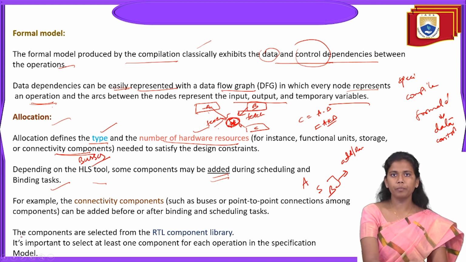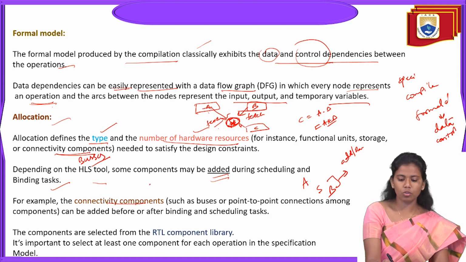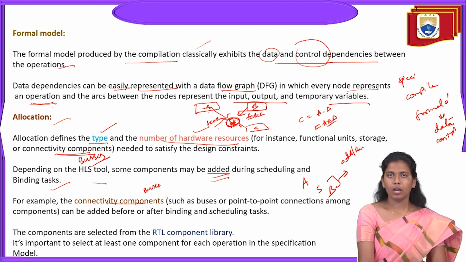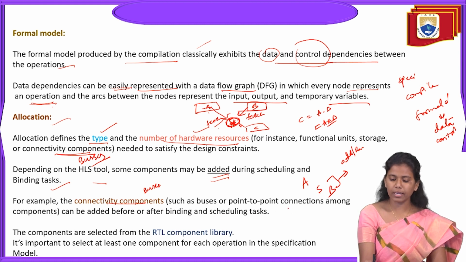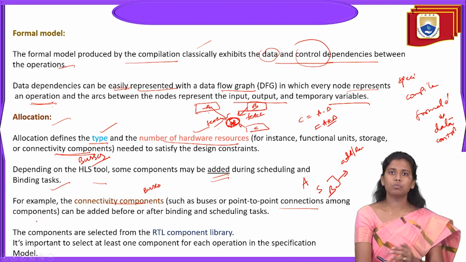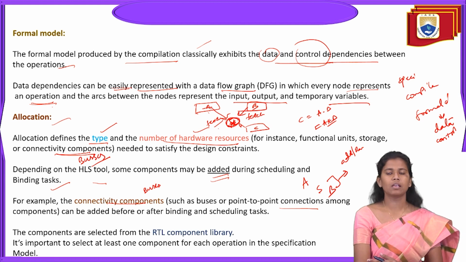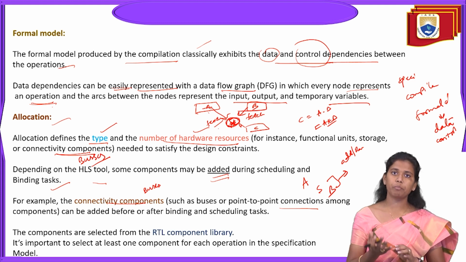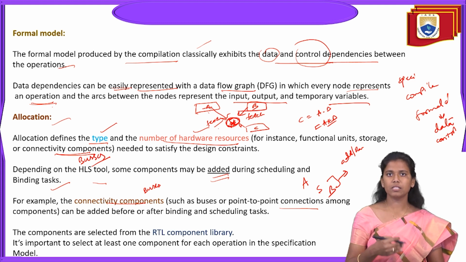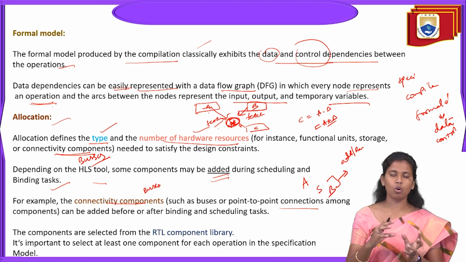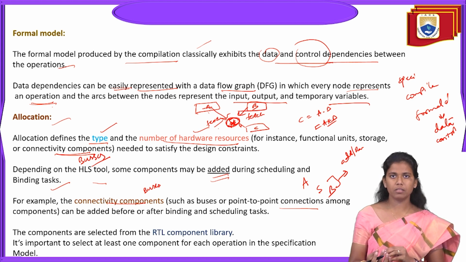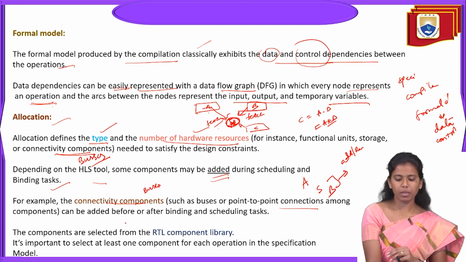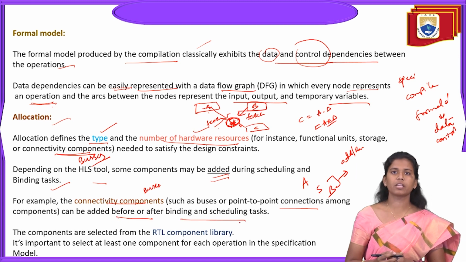For example, we see the connectivity component. The connectivity components are nothing but the buses, or point-to-point connections among components. The purpose of the buses is to connect the devices, all the peripheral devices present in the particular module. The connectivity components can be added before or after binding and scheduling the tasks.